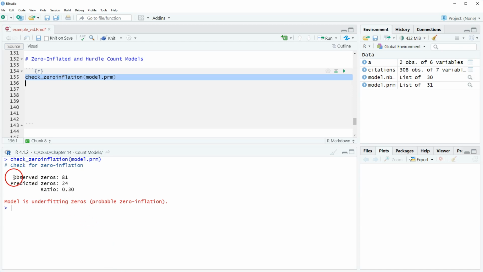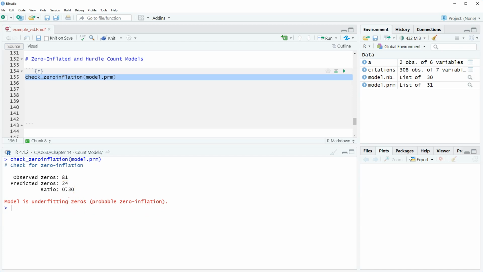Okay, so here are the results. We see there's 81 observed zeros, same as we saw with the negative binomial, and predicted 24. So the ratio is 0.3. That's a terrible job. It's only predicting 30% of the zeros. It also tells you here in red, model is underfitting zeros.